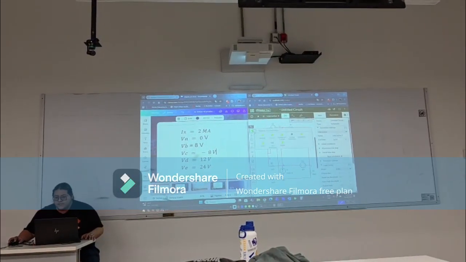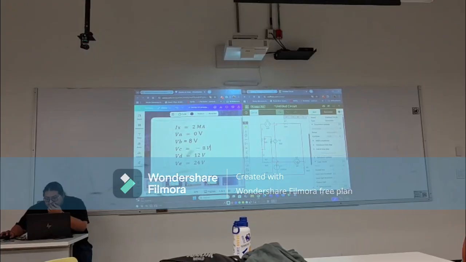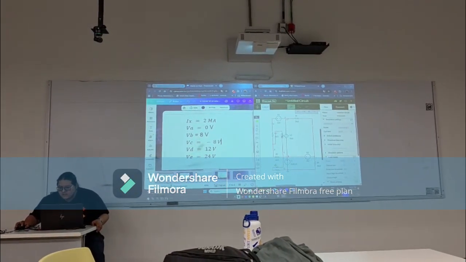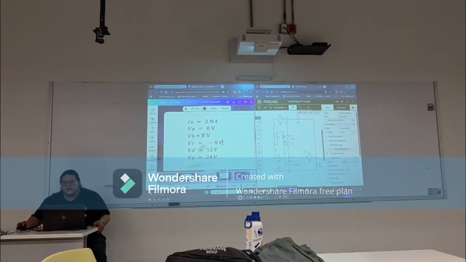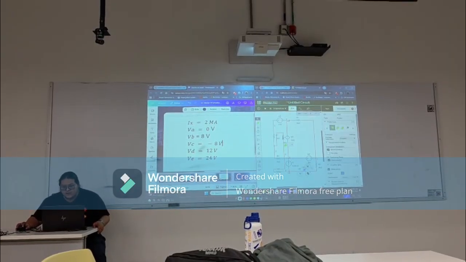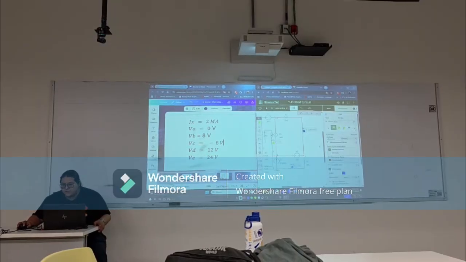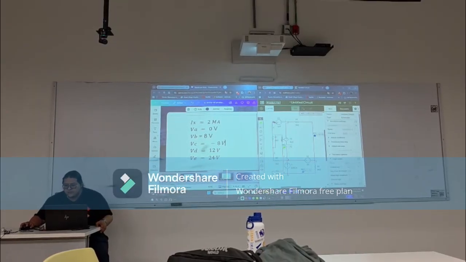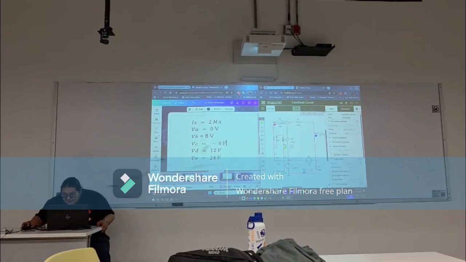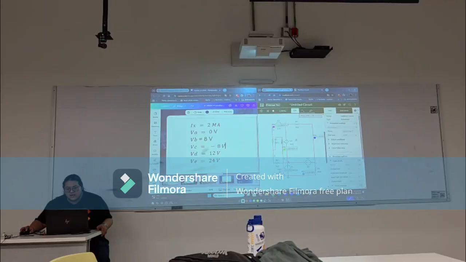So, taking the current, IX should be taken somewhere right there. Voltage. This should be 2 amps, I think. Voltage there. Voltage here. Voltage here. And voltage here. So now we run it, and we got everything.